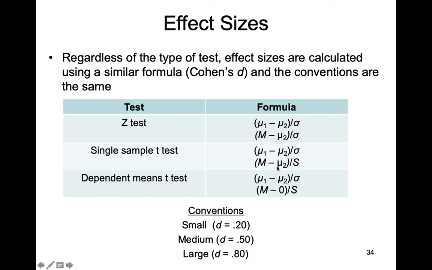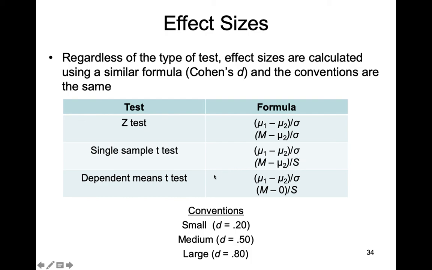So with our single sample t-test, we've got our sample mean that we use as a point estimate of a treated population. We've got a comparison value or a known mean for our non-treated population. And then what we need to do is come up with our estimate of population standard deviation using our sample data.